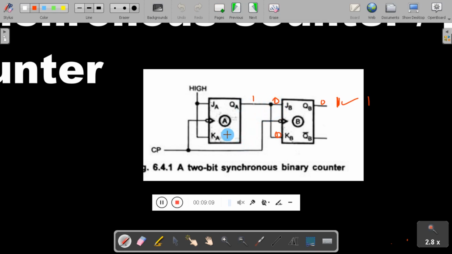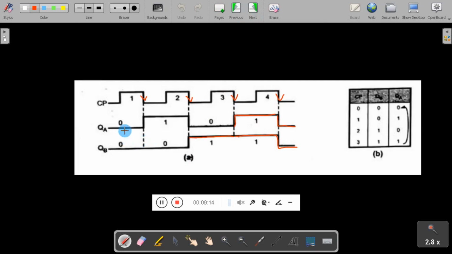Now the output of the first. So the waveform is, initially we will take the initial value of the output as 0 0. Since the first, that is the LSB, QA, has all its inputs tied to 1, the output will toggle from 0 to 1.